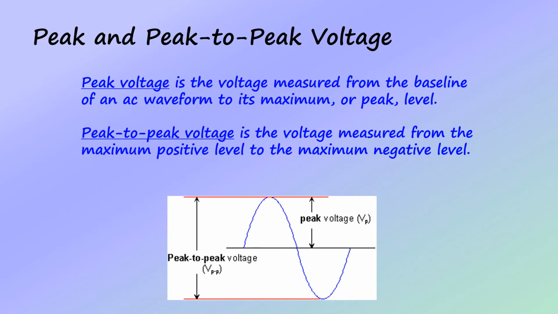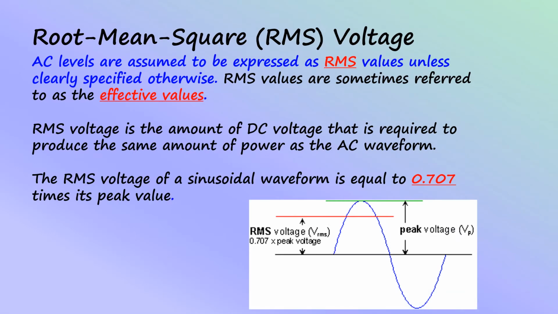Peak voltage is the voltage measured from the baseline of an alternating current waveform to its maximum or peak value. Peak-to-peak voltage is the voltage measured from the maximum positive level to the maximum negative level. Alternating current levels are assumed to be expressed as RMS values unless clearly specified otherwise.